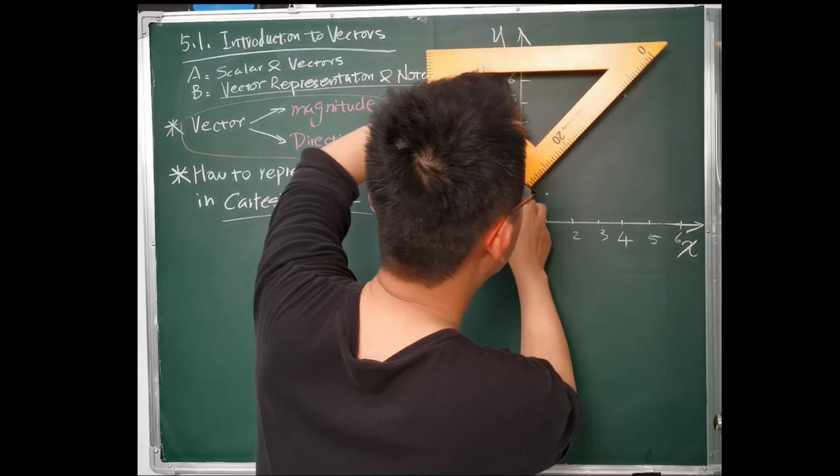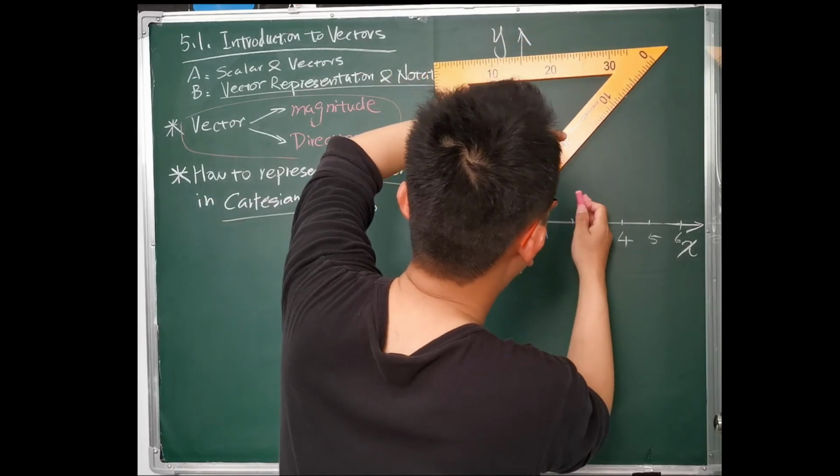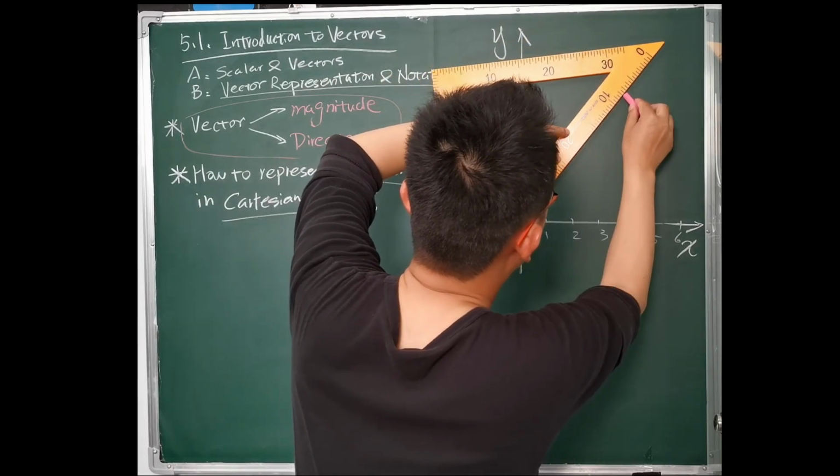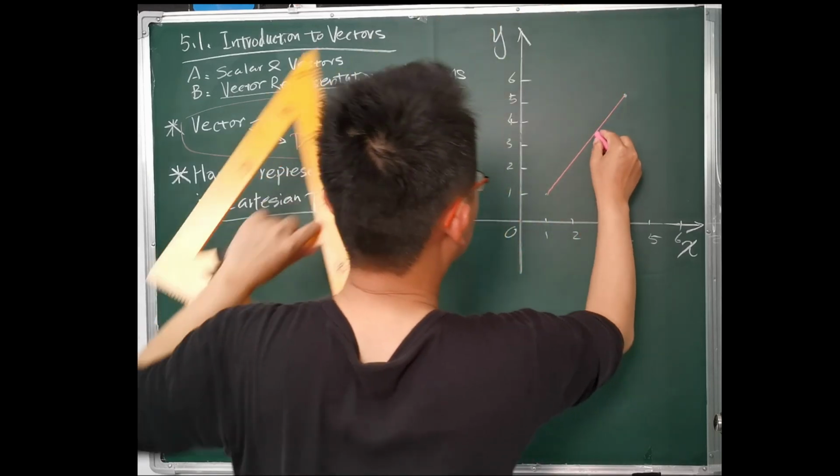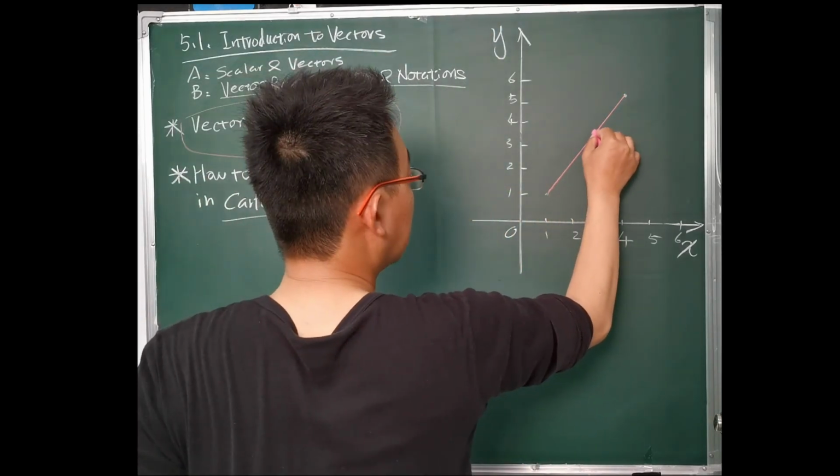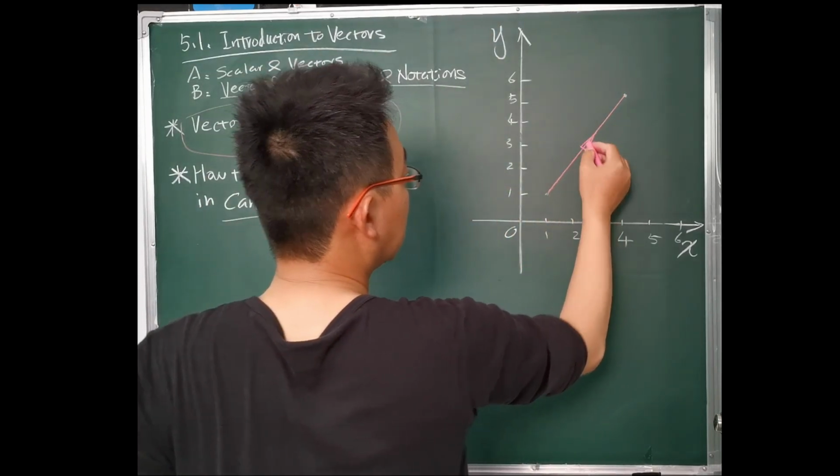Assume this is A and this is B. So we have a line going up in this direction.